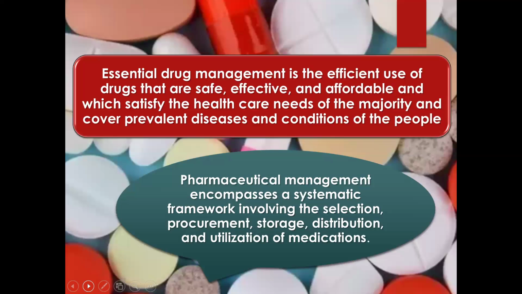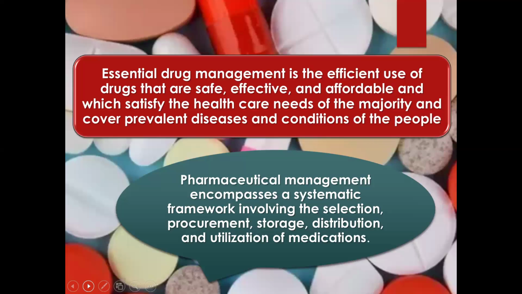So giving an overview of essential drug management, we have to talk about selection of drugs that are important. And these drugs must be safe, must be proven to be effective, and these drugs must be necessary for the treatment of prevalent condition.